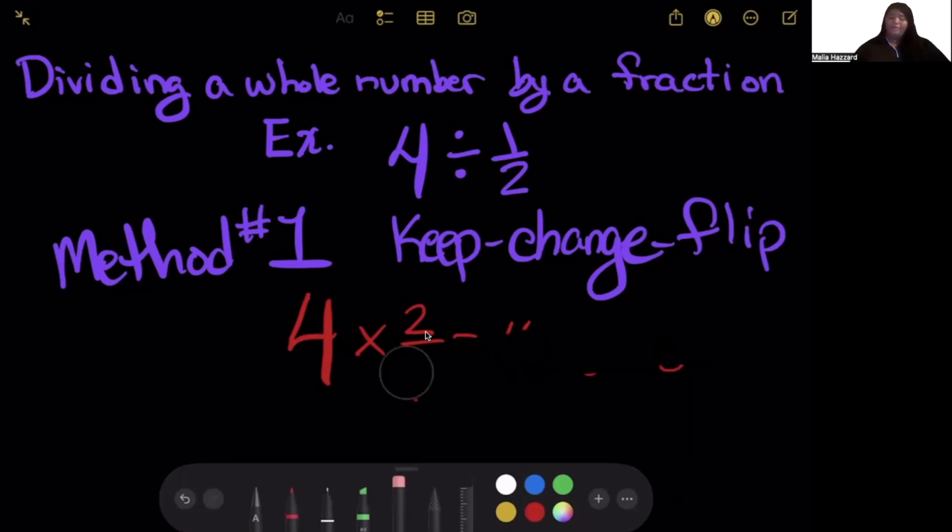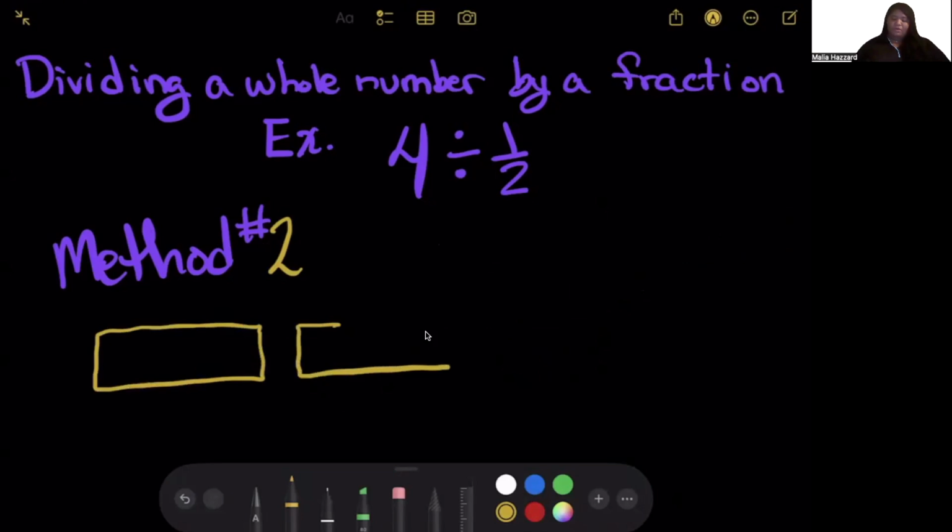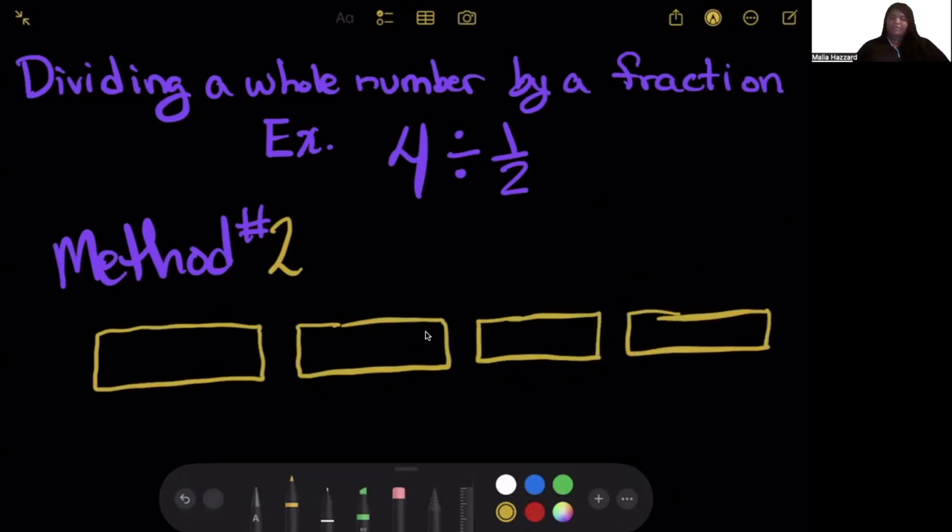Now let's run it back with a different method. Okay, so for method number 2, I'm going to use a visual to see if this helps us understand a little bit more what we're actually doing. So I'm going to have 4 blocks. 1, 2, 3, and 4.